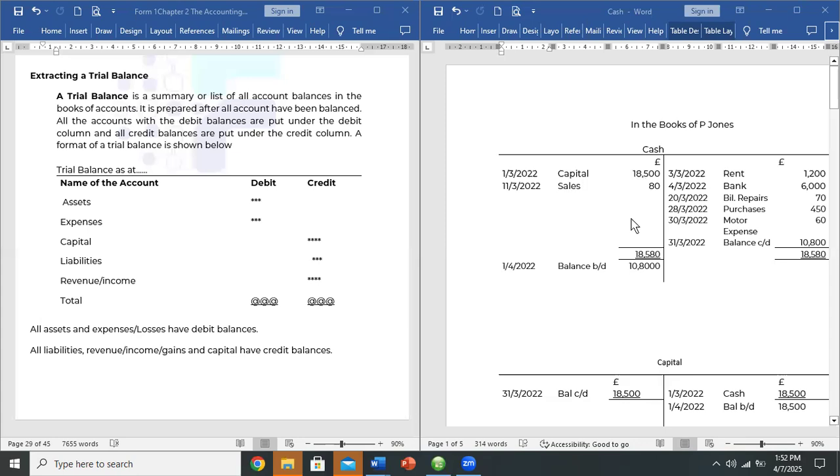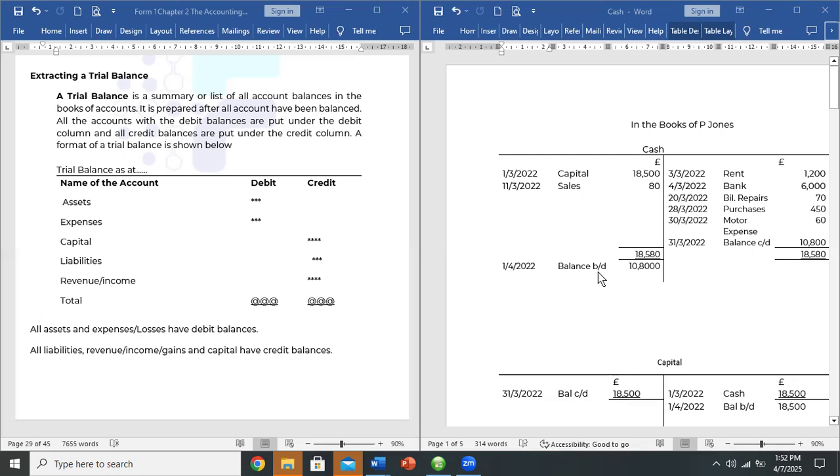So a debit balance account has the carried down at the credit side, and the brought down at the debit. Any account that has the brought down at the debit would have a debit balance. So if the brought down is on the credit side, then it is a credit balance on that account.